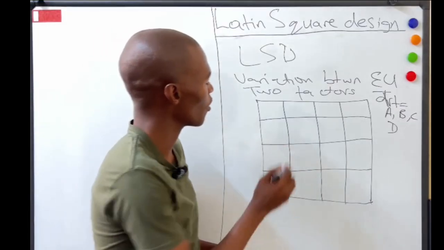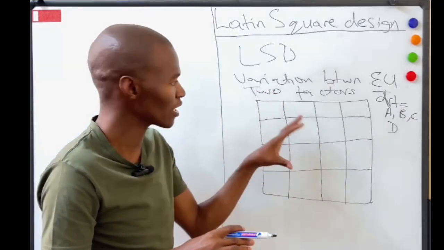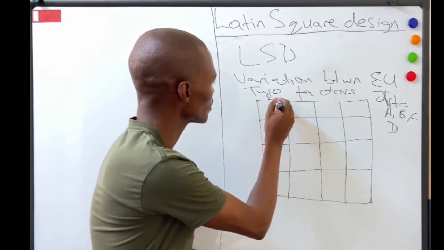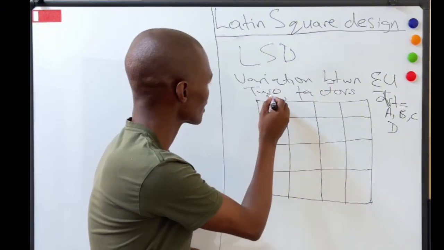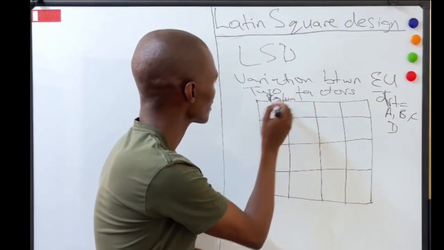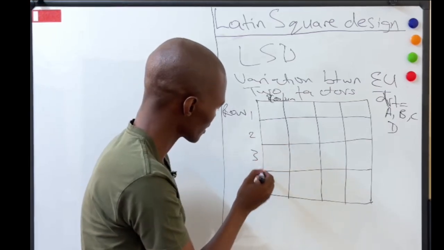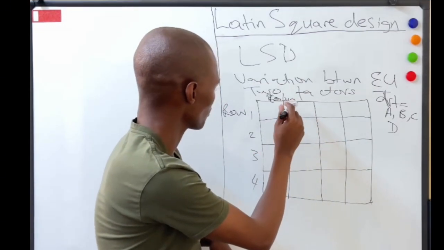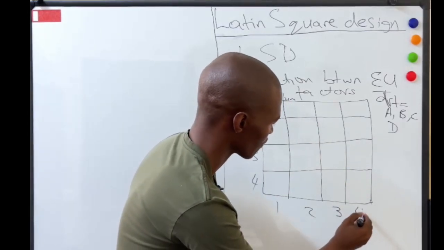Now, you arrange your experimental units into columns and into rows. We have rows 1, 2, 3, 4 and columns 1, 2, 3, and 4.